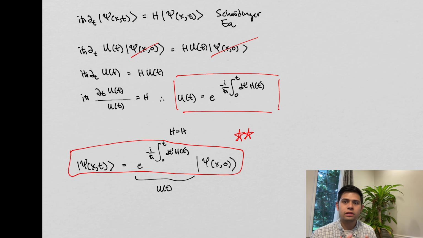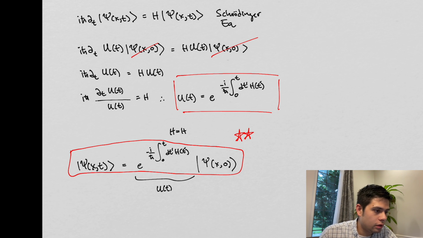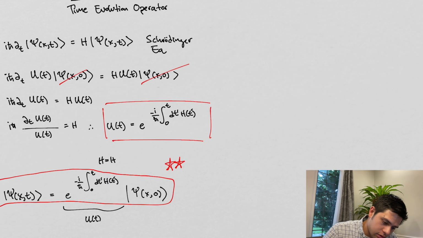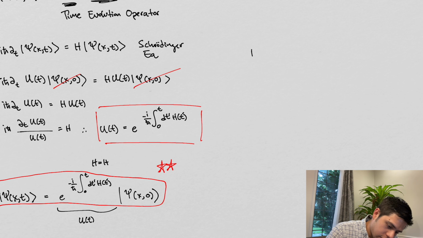So considering that the Schrodinger equation is true, we are forced to understand that the time evolution operator must obey the Schrodinger equation, and by fiat, we have the time evolution operator being some exponential of some integral, okay? So the operators that we have look like this now. We have our momentum operator, we have our position operator, and we have our time evolution operator.